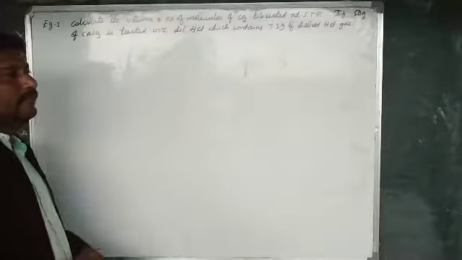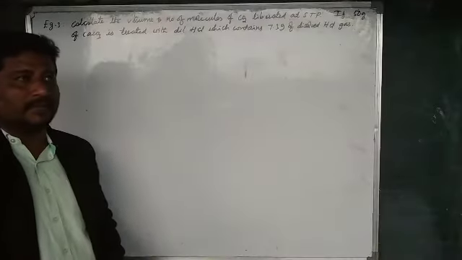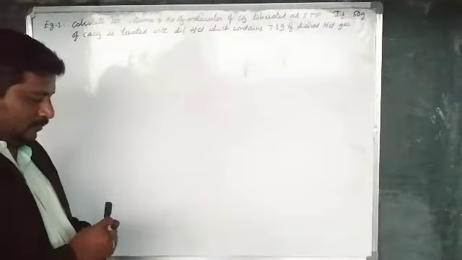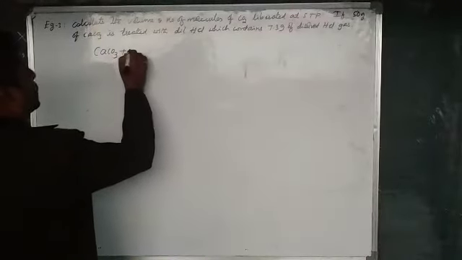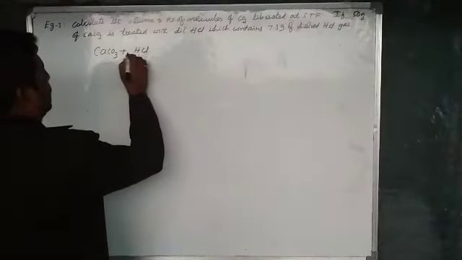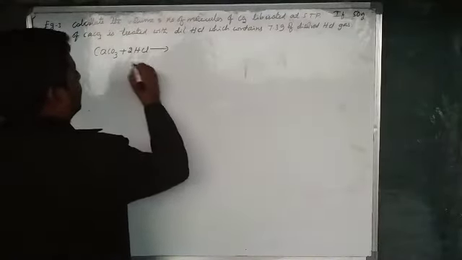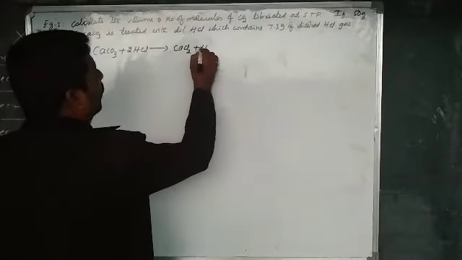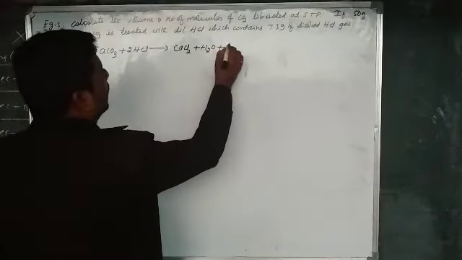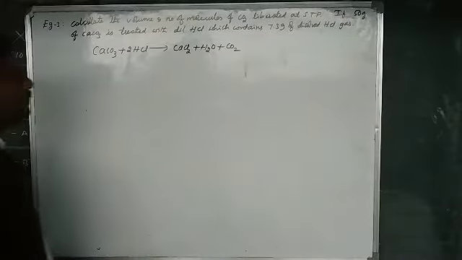So let us write the chemical equation for this problem. Calcium carbonate reacts with HCl, gives rise to calcium chloride, water plus carbon dioxide.